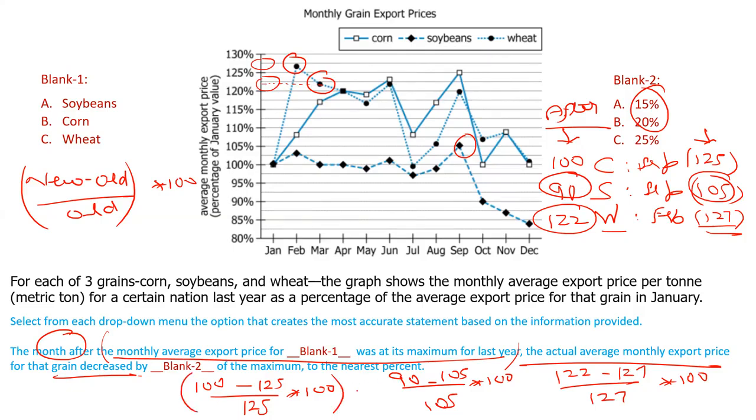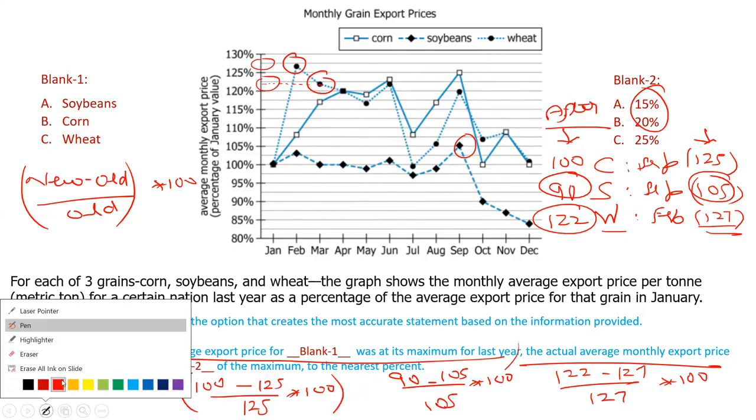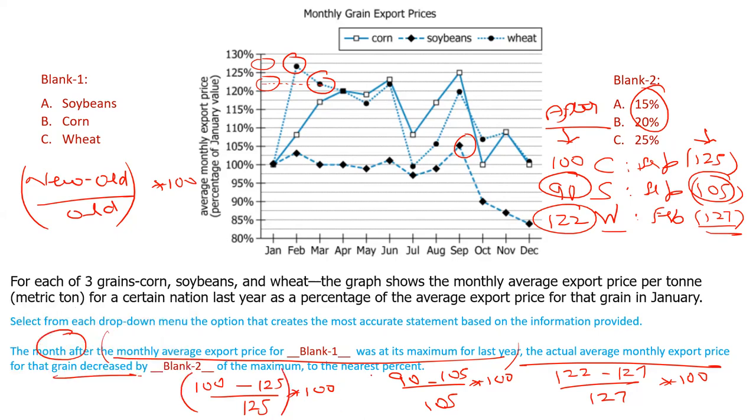So this is the percentage change in price for corn, this is for soya bean, and this is for wheat. I see no other option but to quickly do the calculation. By the way, a calculator will be provided to you on the actual exam. Decimals would be okay as long as it's close, at least.